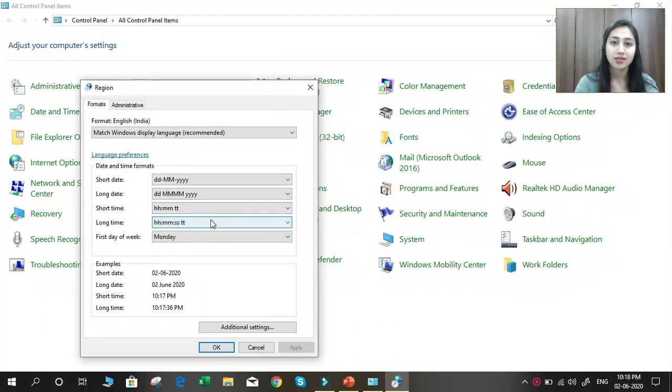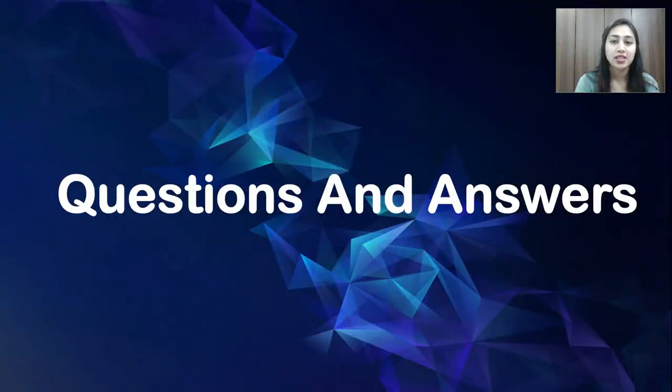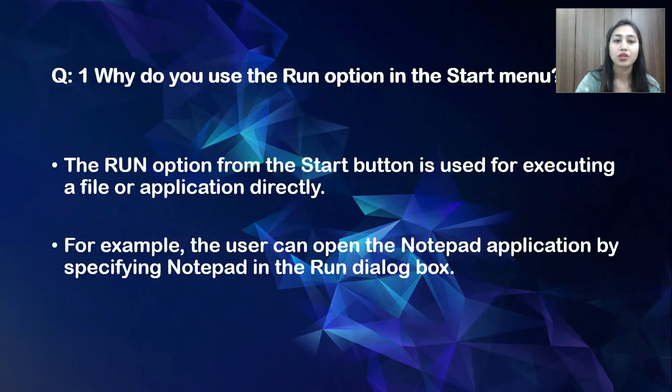Okay students? Now students, this time is for question and answer. Our first question is, why do you use the run option in the start menu? I already taught the run option topic in the previous video. The run option from the start button is used for executing a file or application directly.